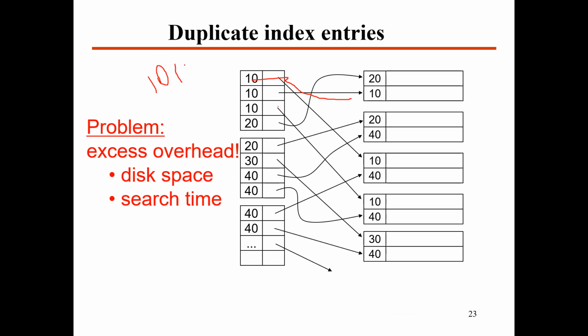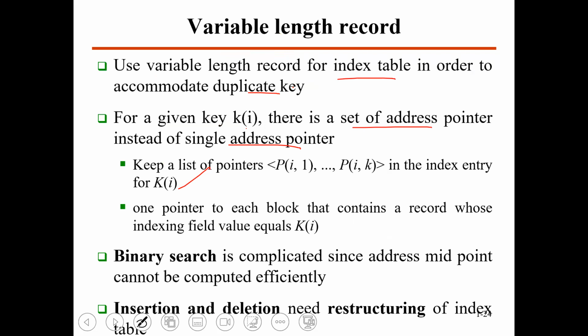So we have three pointers here: P1, P2, and P3. So this is done like this. One pointer to each block that contains a record whose index value equals ki.